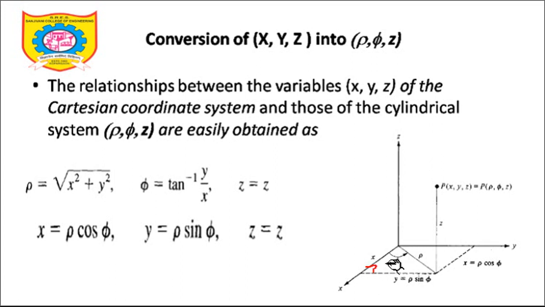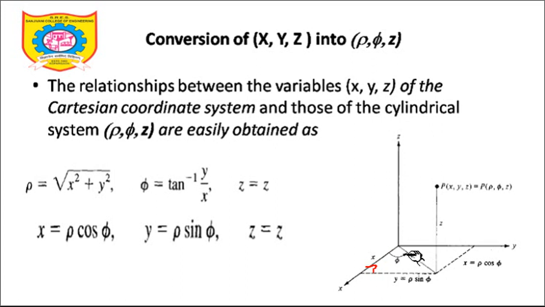So rho will be the hypotenuse of this right angle triangle. The opposite side will be opposite upon hypotenuse, so y by rho will be equal to sin phi, so y equals rho sin phi. Then the adjacent side of the angle will involve cos phi.